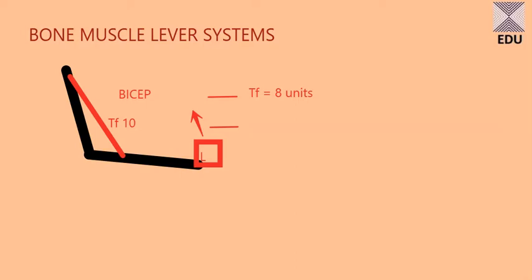Now in the second case, if you have a sports person and this load is 100 kg, and we need a tensile force of 10 units to take this load up to the desired level, he can produce a tensile force of like 10 units or even more, like 15 units. I'm just taking an example.